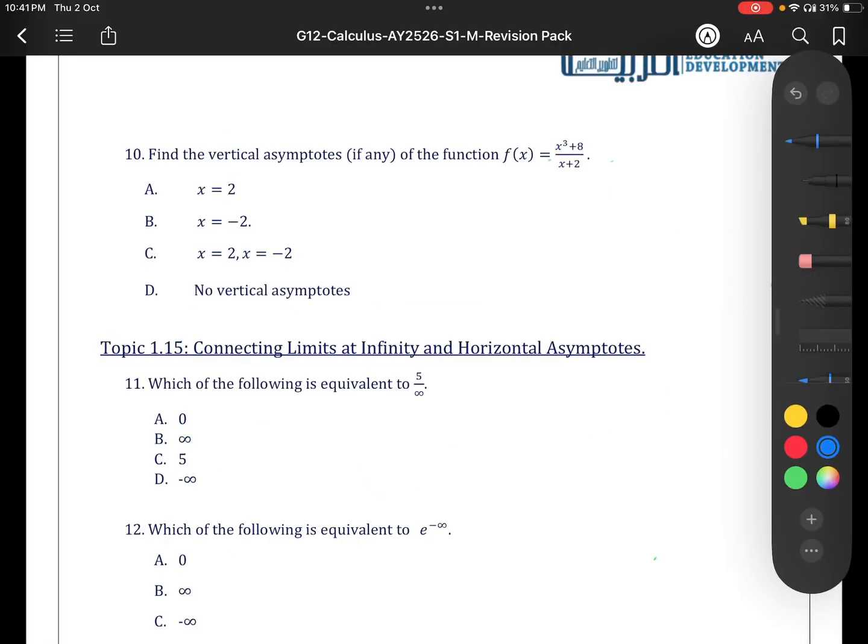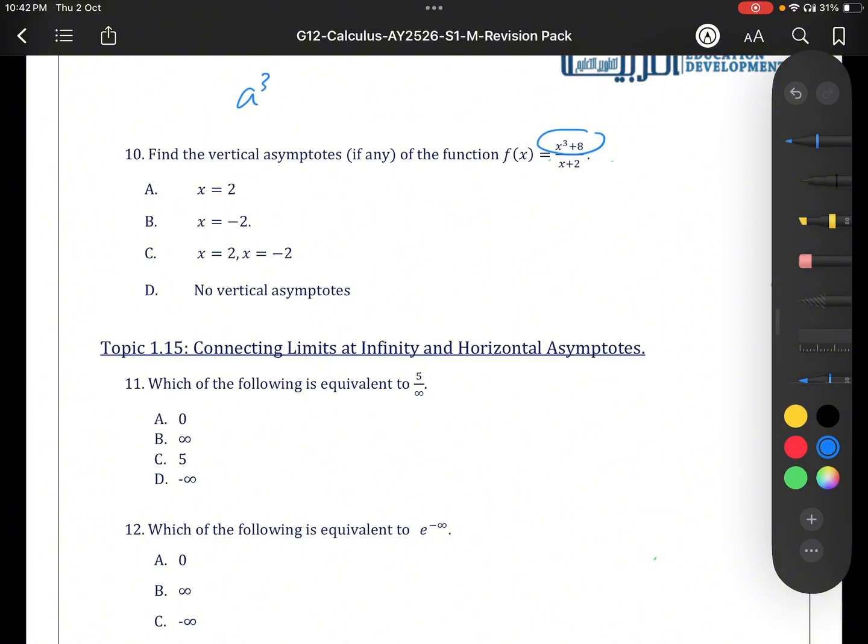For number 10, find the vertical asymptote. The question is about sum of two cubes. I'm going to remind you of the rule for factoring two cubes.